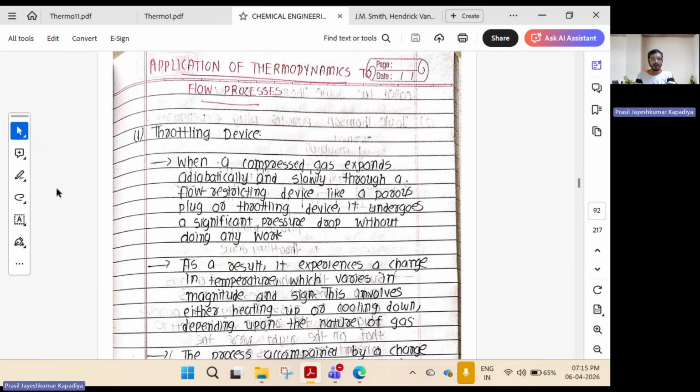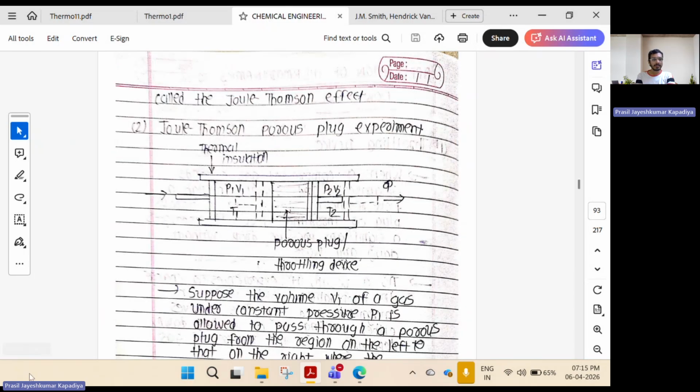Then we quickly go through the throttling device. In a throttling device, the principle is you pass a compressed gas through a porous plug or some throttling device, due to which it goes through a pressure drop, and because of the pressure drop, the temperature of the fluid increases or decreases depending on the condition.